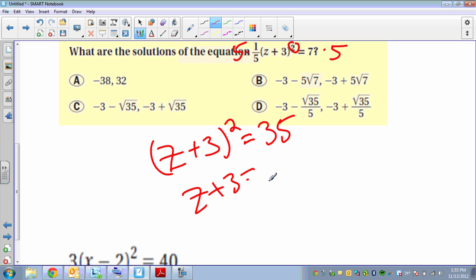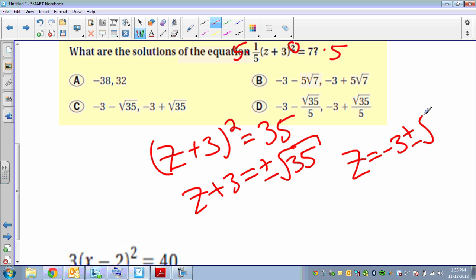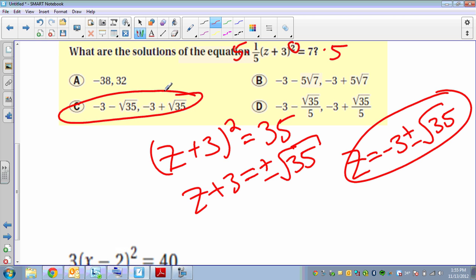But when I do that, got to do the plus or minus, and then we subtract 3. And usually we put the -3 in front of the plus or minus so it doesn't get confusing behind the root sign, because sometimes people aren't very good about ending the roots correctly. So we want to look for an answer that looks like this. I believe it's that one, letter C.